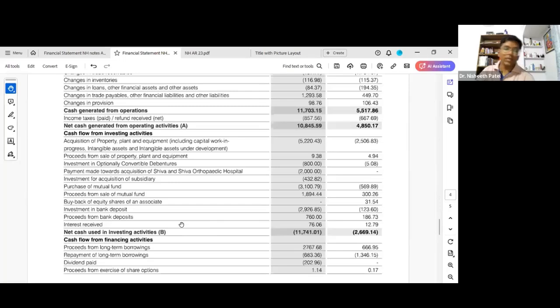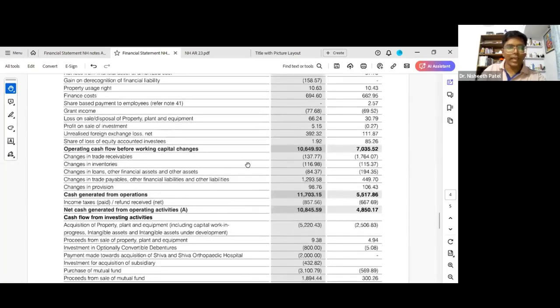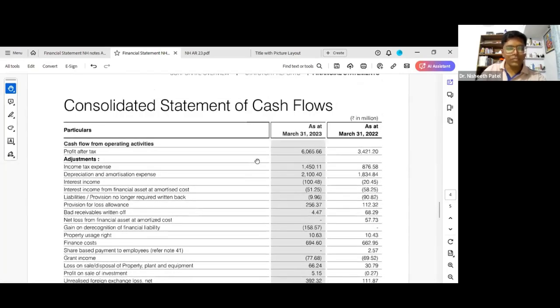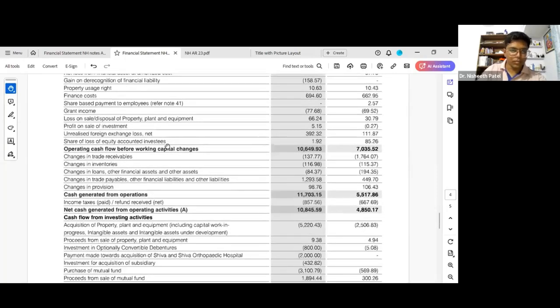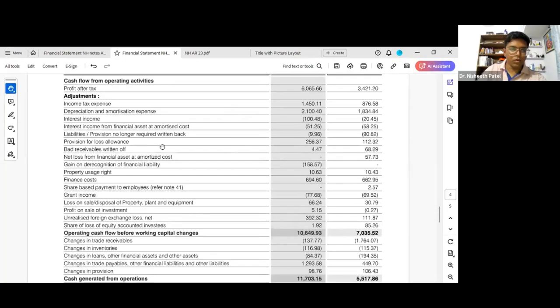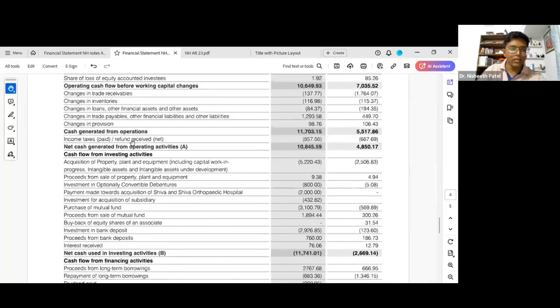Cash from investing activities generally goes out of the company, so it is generally negative. And cash from operating activities is generally positive because it is coming into the company. If we go into the detail of these, you can better understand where the company is getting its cash flow from, and in which segment the company is investing.